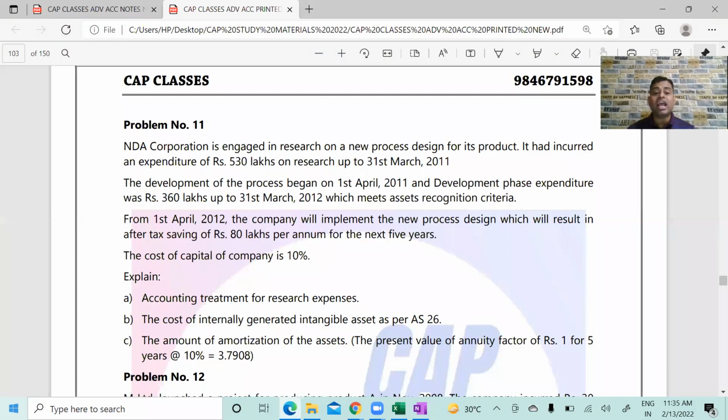Development cost can be capitalized subject to certain conditions. Full stop.